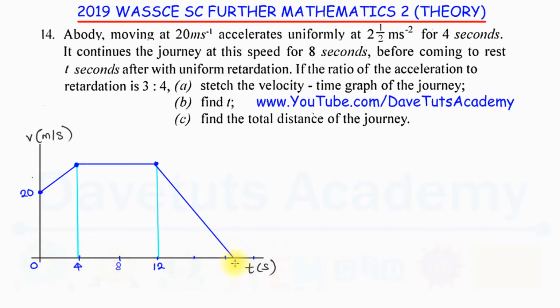I'm just taking this arbitrarily, I don't know what that value is going to be. So that is the uniform retardation, and it comes to rest 3 seconds after. So 3 seconds after means that from here to here, please note this, it is from here to here, that is t. That's 3 seconds after the time consideration that we are looking at.